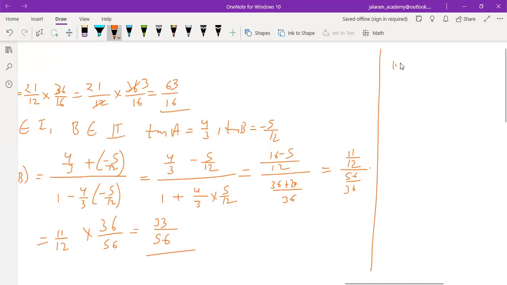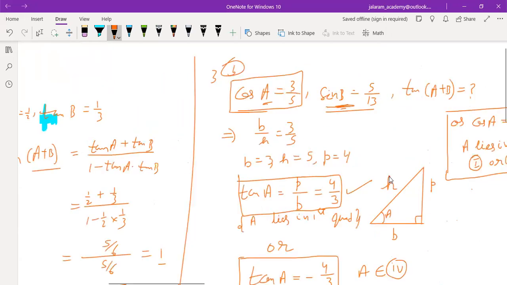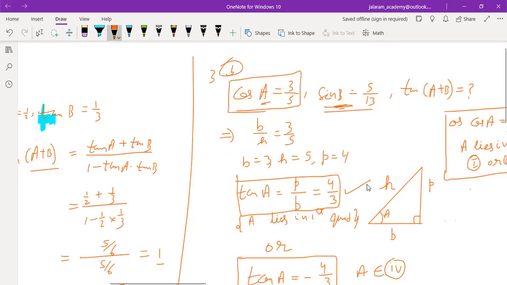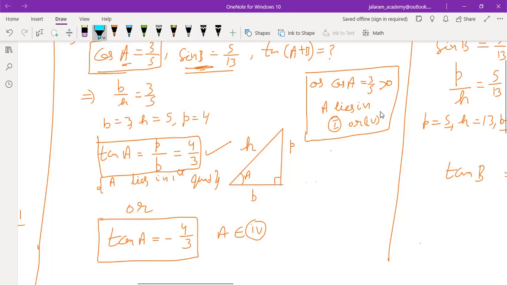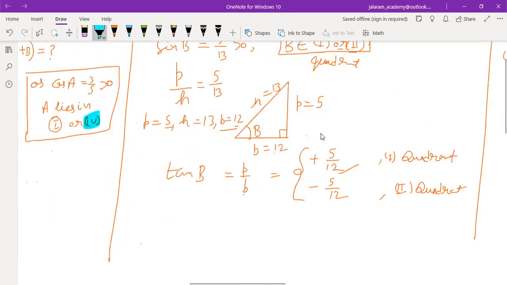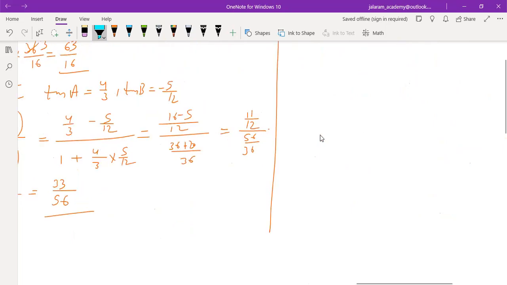Then we take the third case, as there are four cases we already have discussed. A is in the fourth quadrant. Look at this. A is in the fourth quadrant. And B is in the first quadrant.